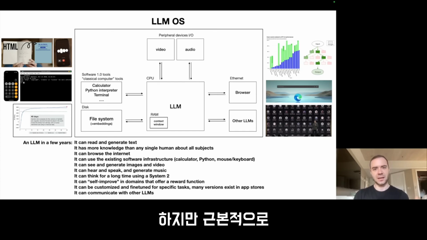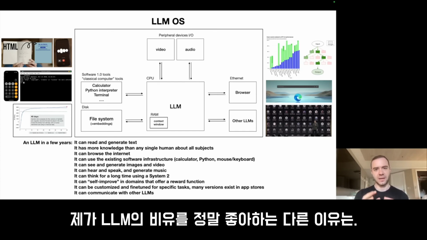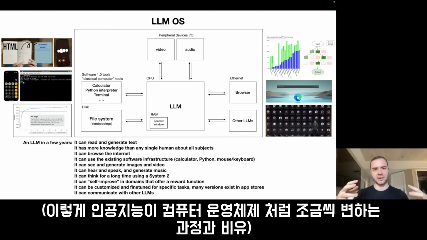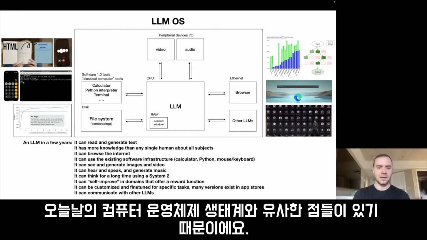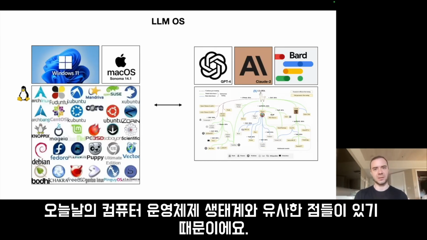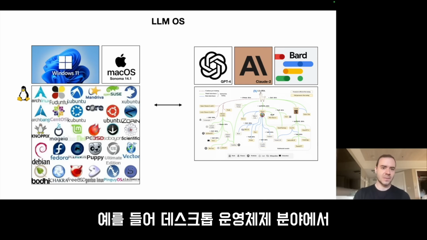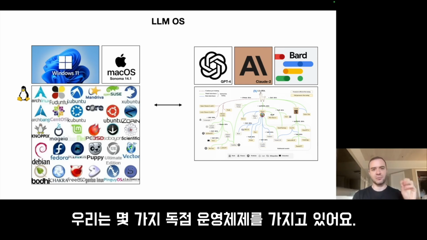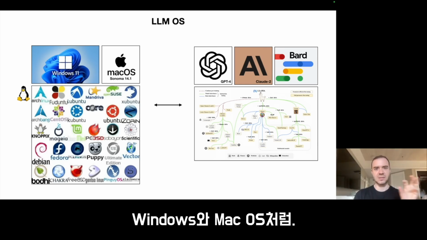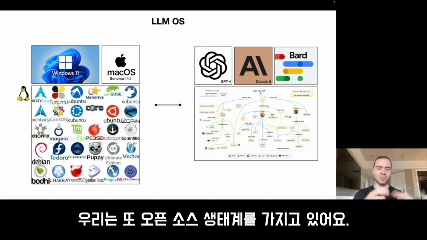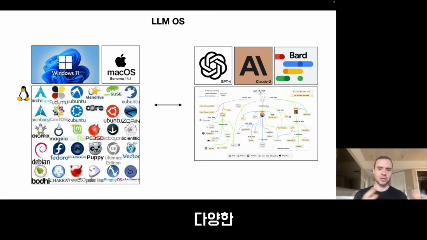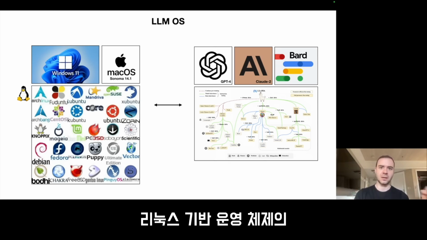But fundamentally, the other reason that I really like this analogy of LLMs becoming an operating system ecosystem is that there are also some equivalents between the current operating systems and what's emerging today. For example, in the desktop operating system space, we have a few proprietary operating systems like Windows and Mac OS, but we also have this open source ecosystem of a large diversity of operating systems based on Linux.